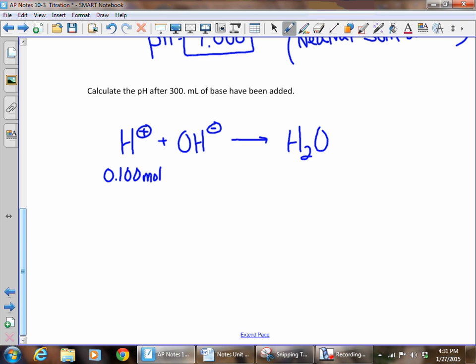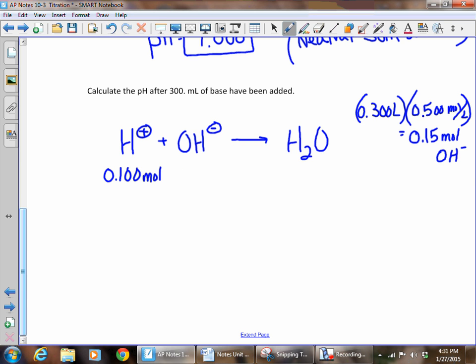This time it says we're adding 300 total milliliters, so 0.300 liters times still 0.500 moles per liter, and we end up with a 0.15 mole value for our hydroxide ion.